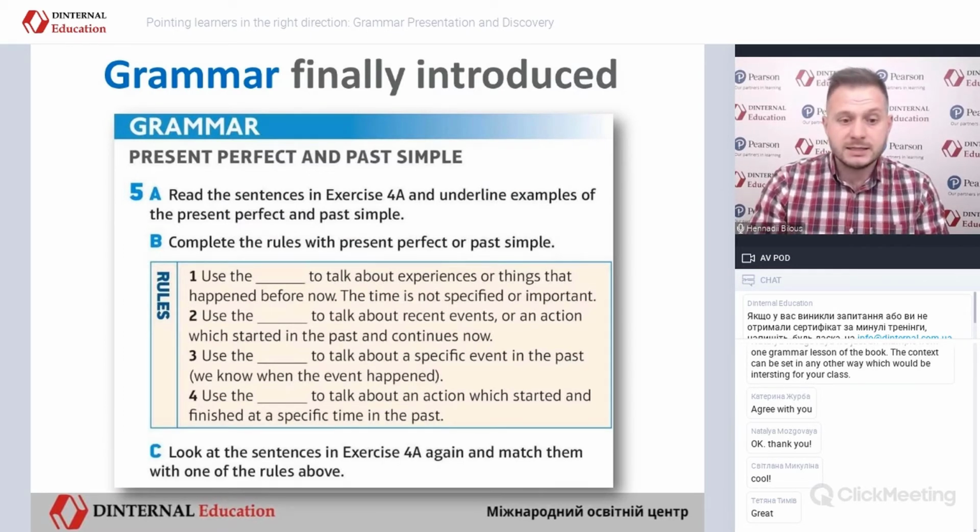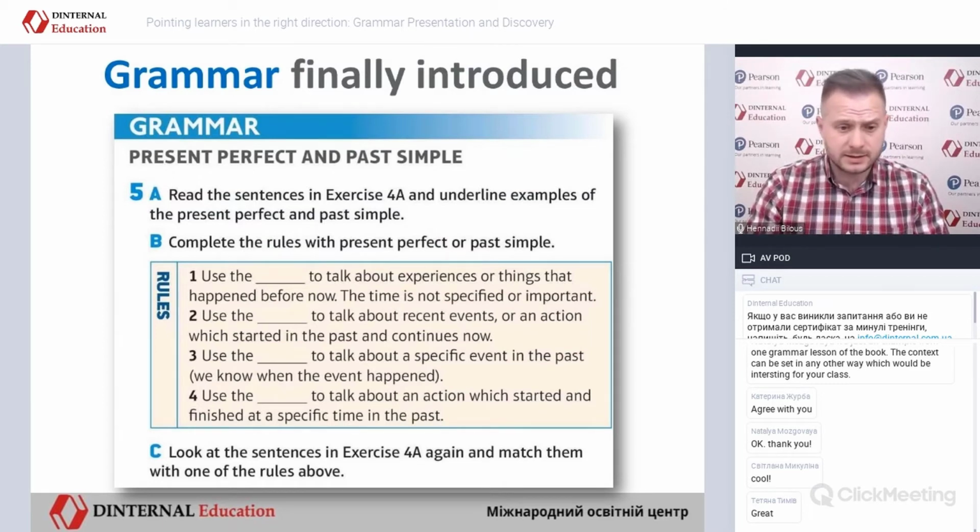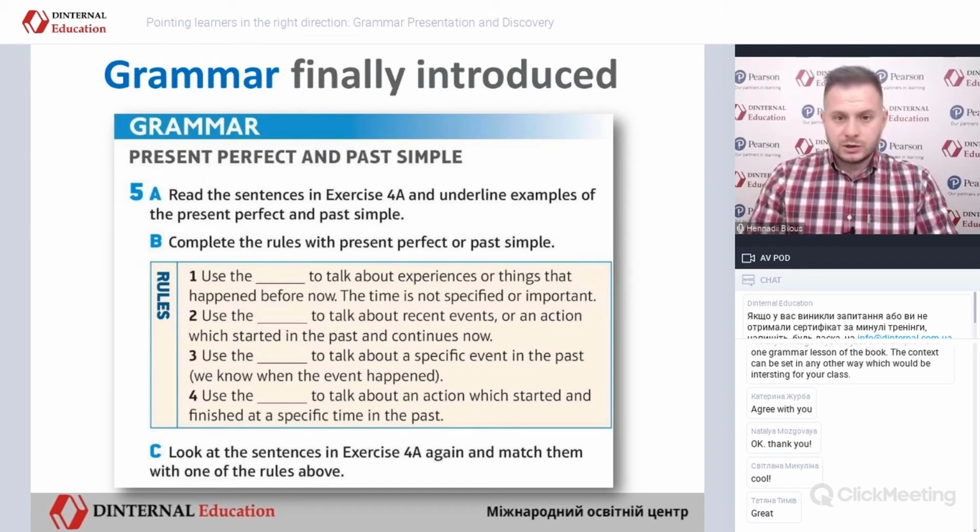And even then, they're asked to look at the sentences in exercise 4A again and match all the sentences with the rules that they've just worked out on their own or together with their partners. So this is how, at this stage, grammar presentation happens.